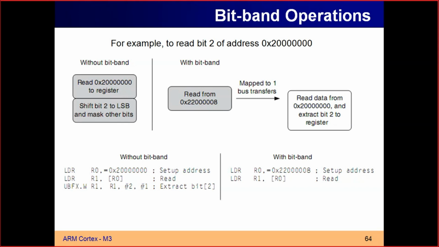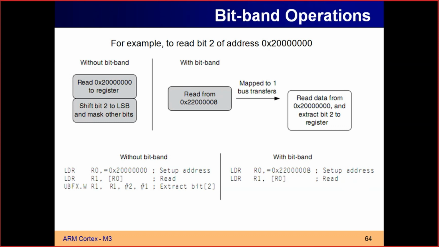But in the case of bit banding, what are you doing? Directly you can read from this location, LDR R1, R0. Directly you can load from that memory location. So this is how a read operation is done.